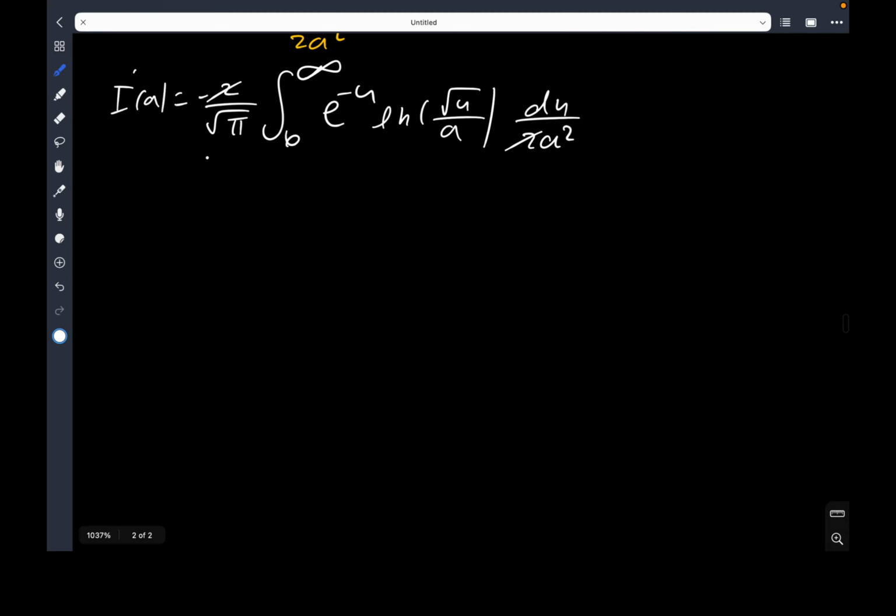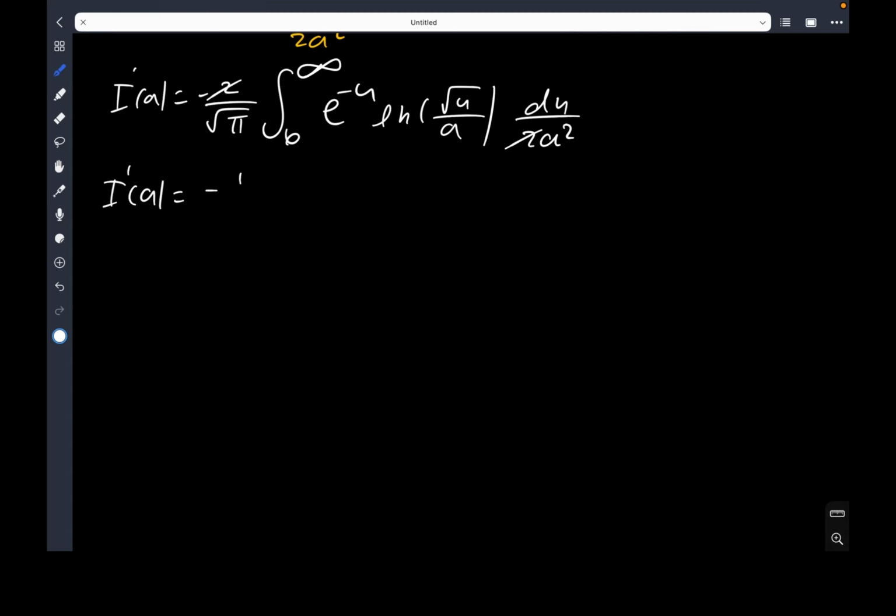So these twos go away, and I prime of a is negative 1 over root pi a squared, the integral from 0 to infinity of e to the negative u ln of root u over a du.